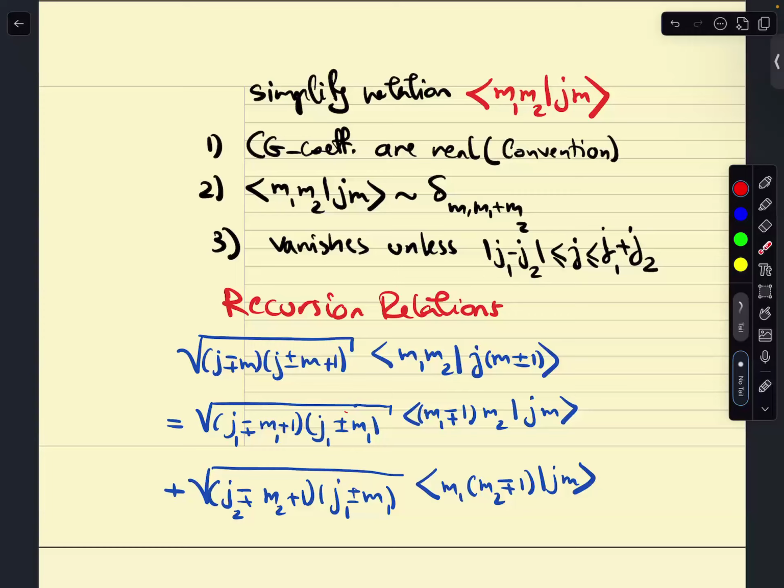So you insert the operator in the middle. On the left-hand side, you act with, for example, J plus on this ket, and the other terms you act on this bra and bring to the right-hand side, and you end up with this recursive relation. So this was a master relation we had, right? The upper sign has to do with J plus and the lower sign has to do with J minus.